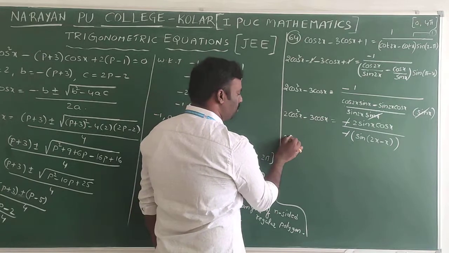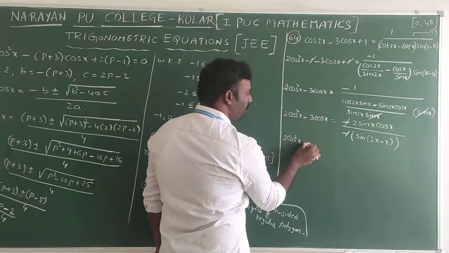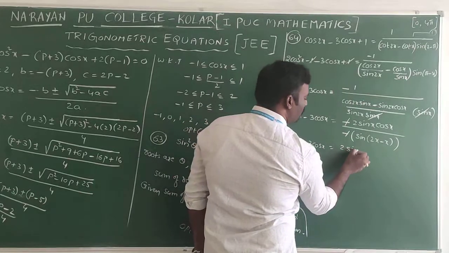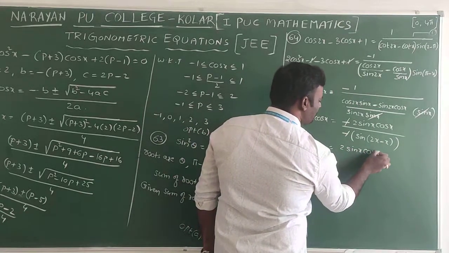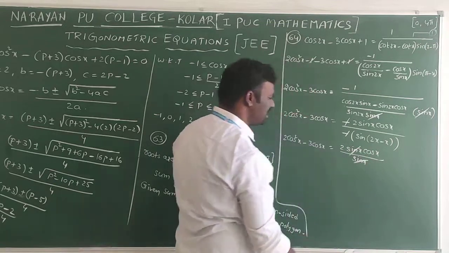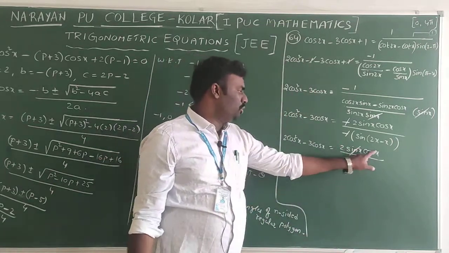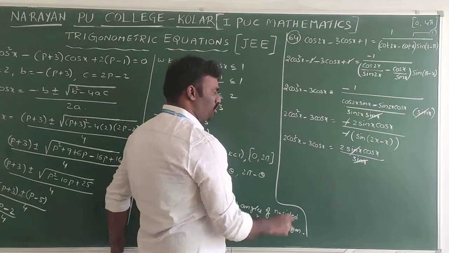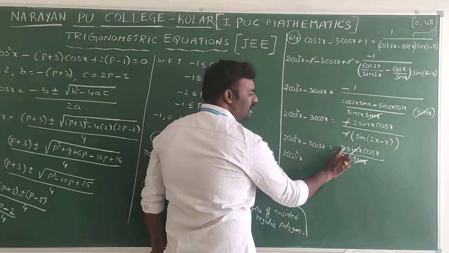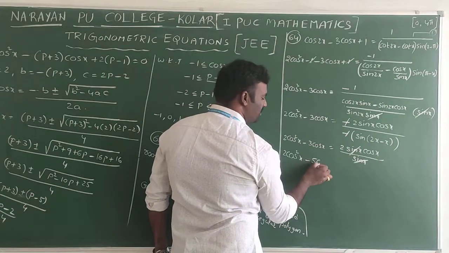Now 2 cos square x minus 3 cos x is equal to 2 sin x cos x by the denominator sin x. Again sin x cancels. Now the right side 2 cos x, if you send it to that side, we get minus 2 cos x. Then 2 cos square x minus 3 cos x minus 2 cos x, we get minus 5 cos x.